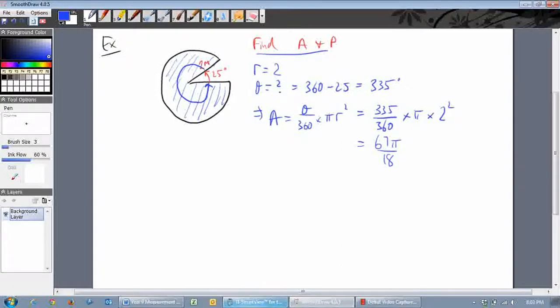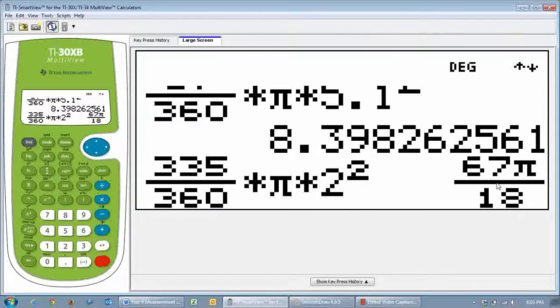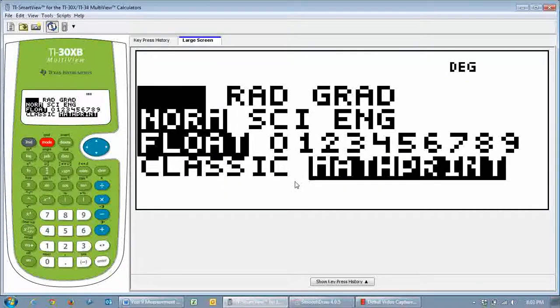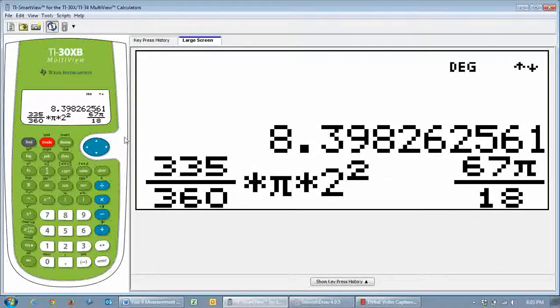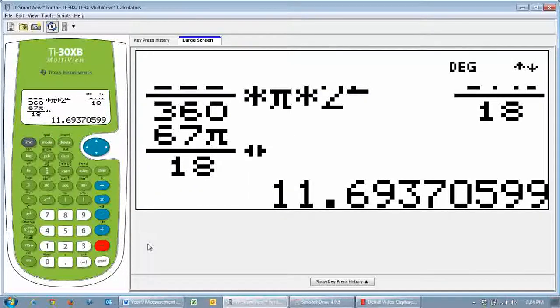Now your calculator, just to go back to this, when it can, will give it, if it's in the right mode. So just check this, if it's in math print mode, which is what I would prefer you to have, then when it can, it'll show you in exact form, so in a fraction or a third or that sort of thing. If you're asked to find that in approximate, then you press this little double arrow key here, and that'll give you your answer of 11.69.